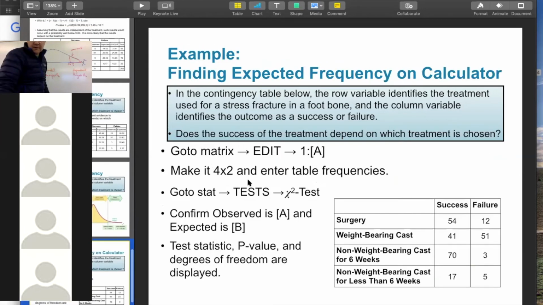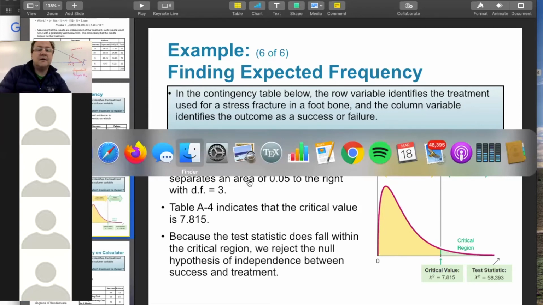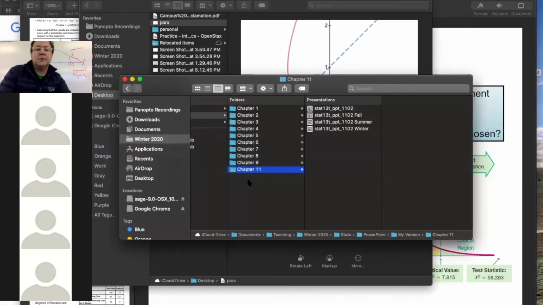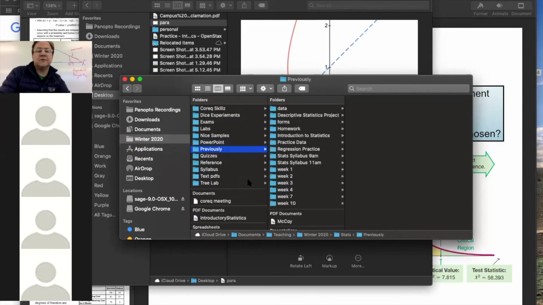I think I can pull it up now. Your green cardstock is what I'm referring to. Perhaps you have it handy, so you'll probably find it faster than I can. I'm just trying to remember where I saved it. Exams, labs, reference probably.